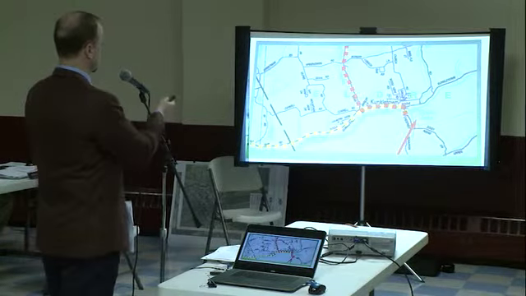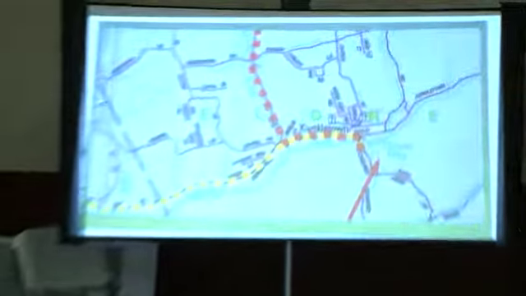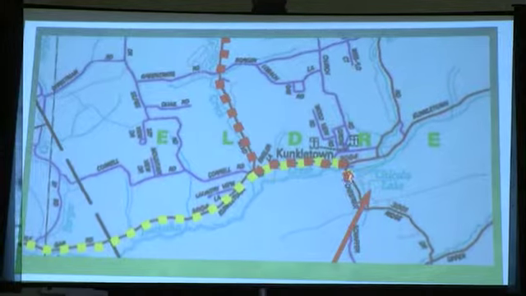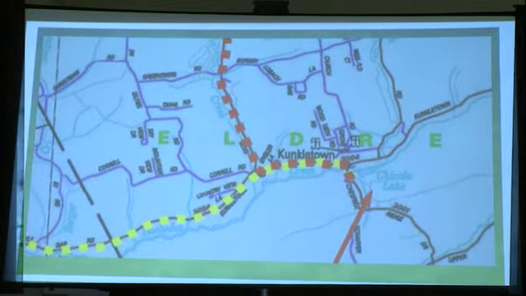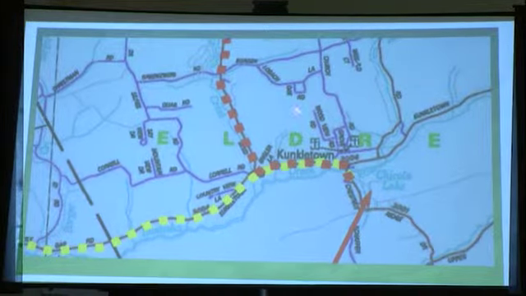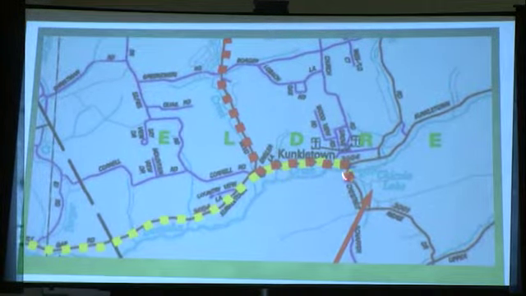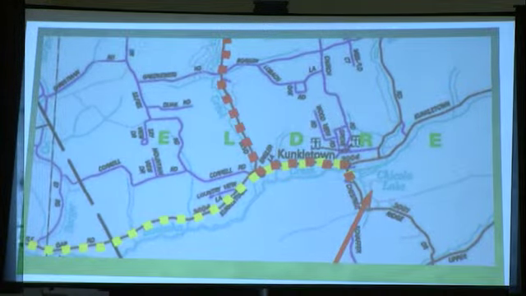If I zoom in real close, you can kind of see the site is right here. This is Kunkletown Road. This is Chestnut Ridge Drive. The primary truck route would involve the trucks leaving the site, making a right turn out of the unnamed township road onto Chestnut Ridge Drive. They would then proceed to the stop sign at Kunkletown Road. They would make a left.